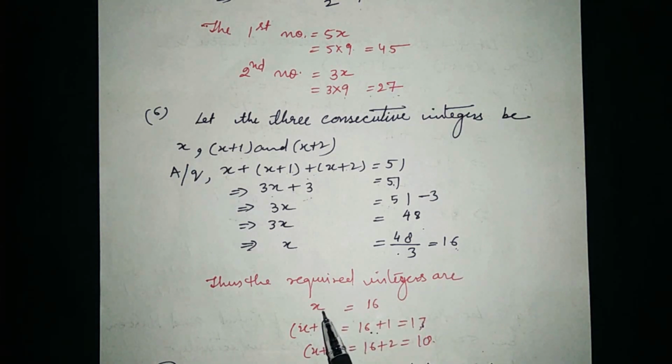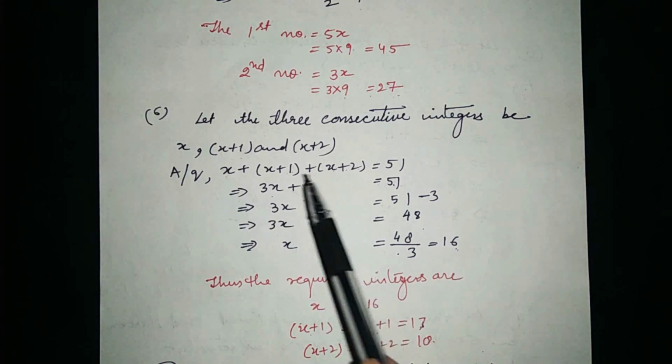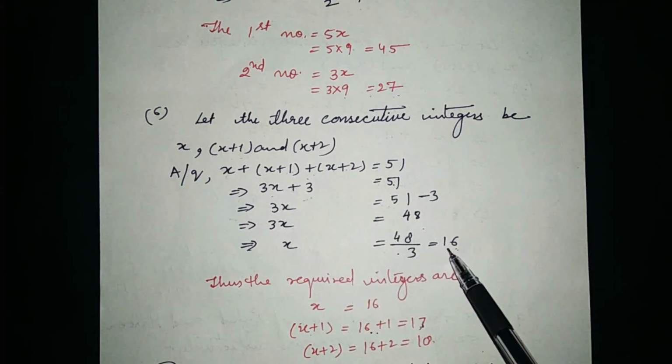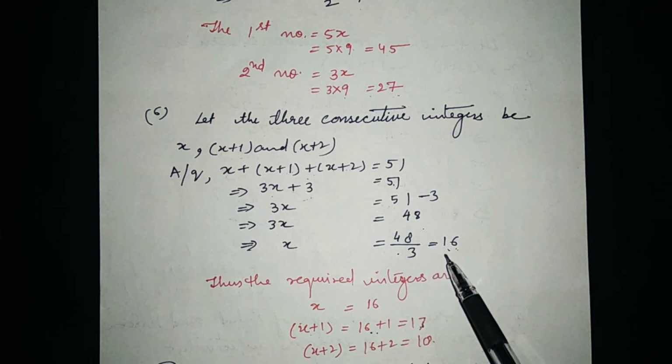For the first integer, we have calculated x is equal to 16, and for the second integer x plus 1, we will put the value of x, 16, in x plus 1, then 16 plus 1 is equal to 17, and for the third integer we will put the value of x in x plus 2, then 16 plus 2 is equal to 18.